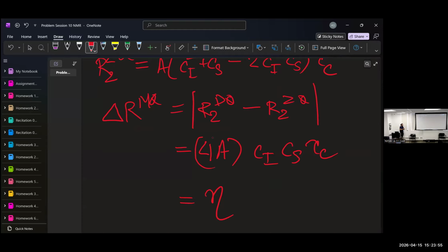So for both N15, especially for N15, it is the cross-correlated relaxation between the N15 CSA and the N15 proton dipolar interaction for N15 itself. Then for proton, it's the cross correlation between the proton CSA and the proton N15 dipolar interaction.